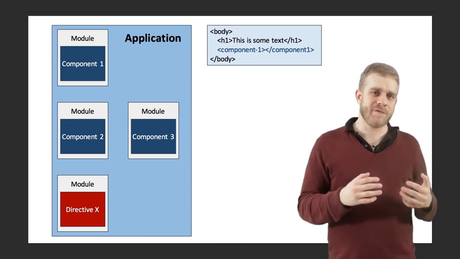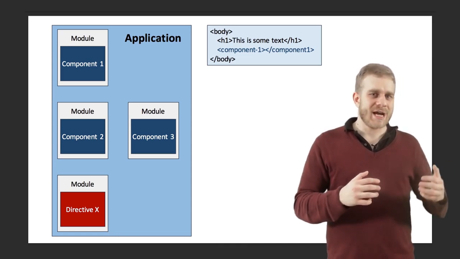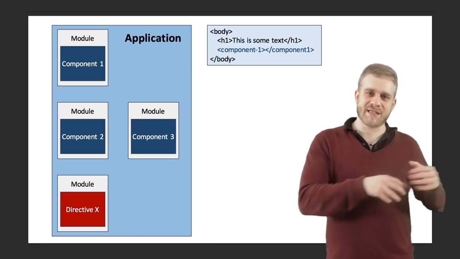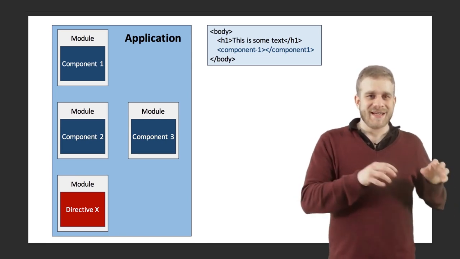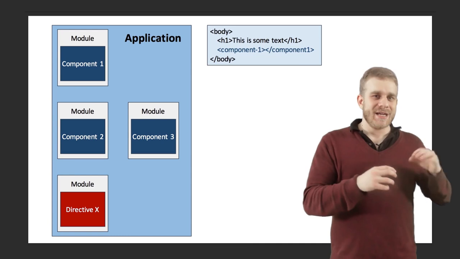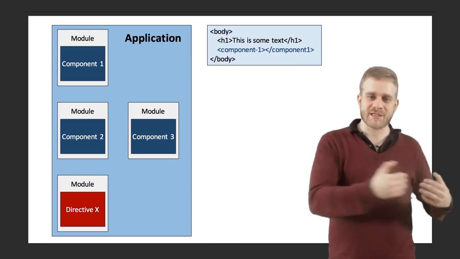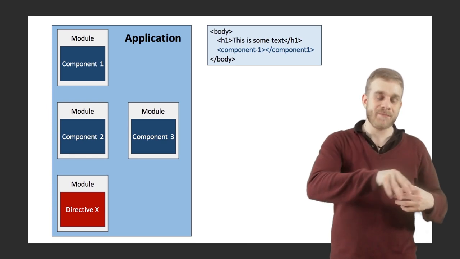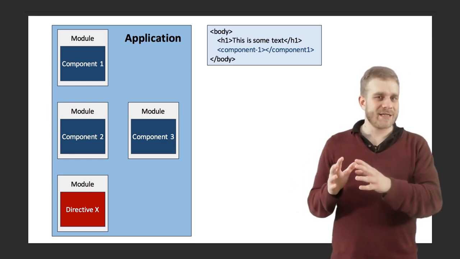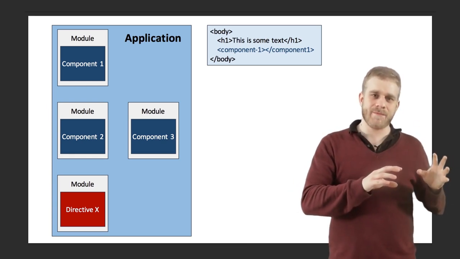A normal directive will just hold instructions how to transform the element it sits on. A component is not only such an instruction, it has a view, and this instruction is always: swap out the selector and put in that view. So components are directives with a view attached to them.